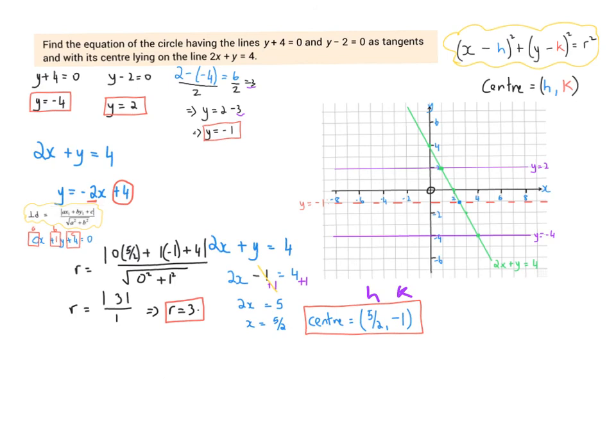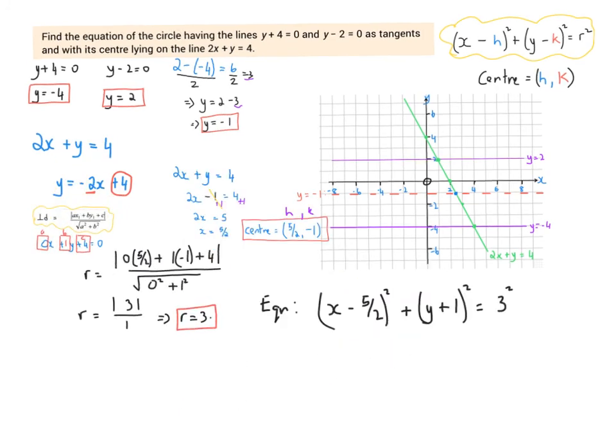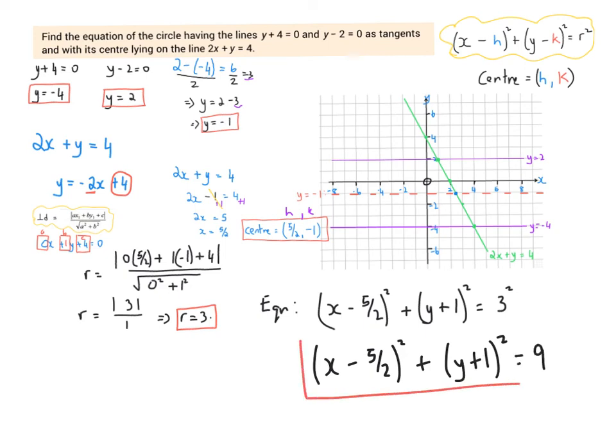So that's going to give us an equation of a circle, which is x minus 5 over 2, all squared, plus y minus minus 1 gives us plus 1, all squared, is equal to 3 squared. And we can just tidy that up. So that's x minus 5 over 2, all squared, plus y plus 1, all squared, is equal to 9, and that is our equation of our circle.